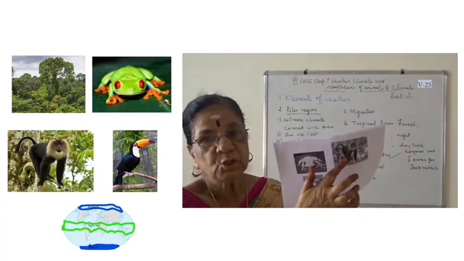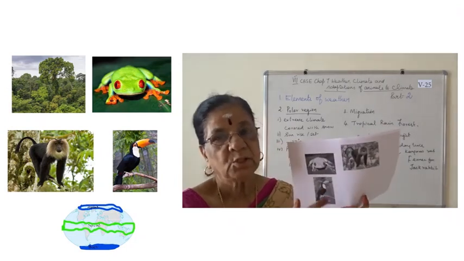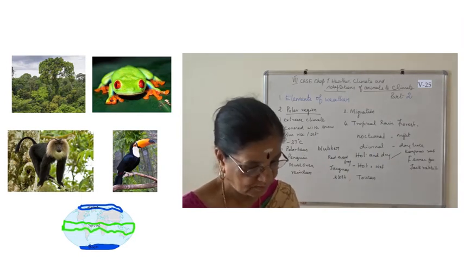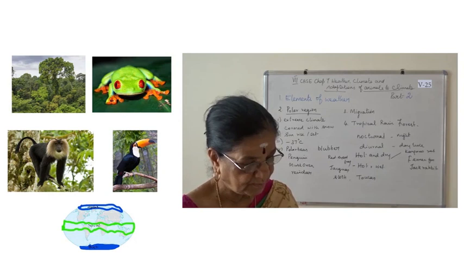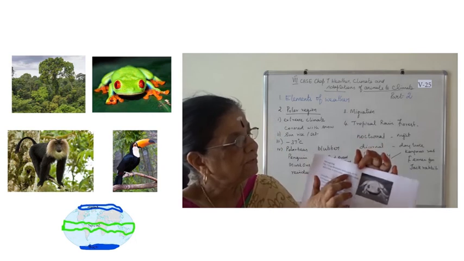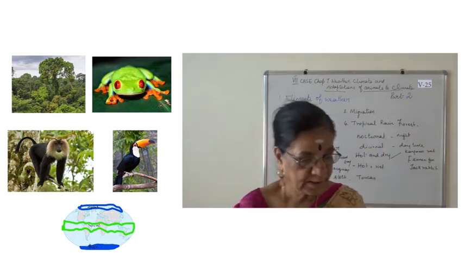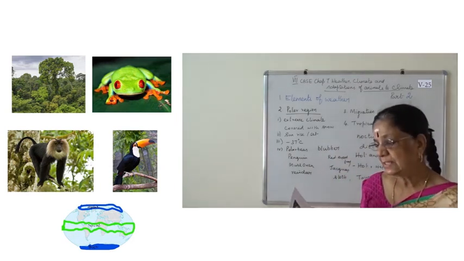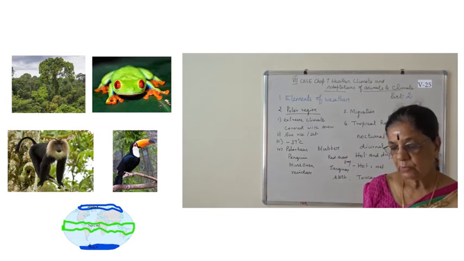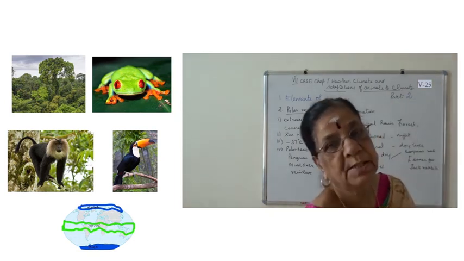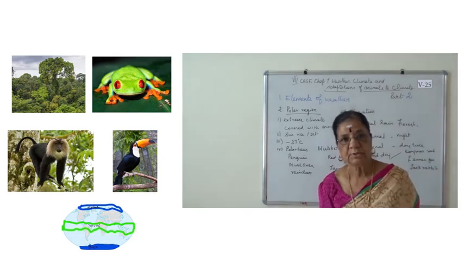And this is the long-tailed monkey, or we can just say monkey. These three pictures will come for us. Okay? The red-eyed frog is in our textbook. The red-eyed frog develops sticky pads on its feet to climb the trees on which it lives. And this monkey has a long tail for grasping branches. Their hands and feet are such that they can easily hold on to the branches. I hope you are able to follow this.